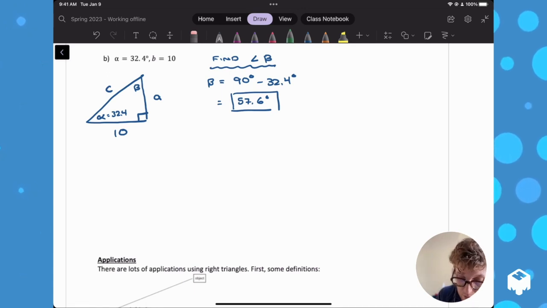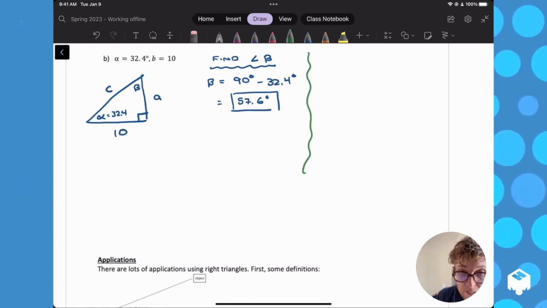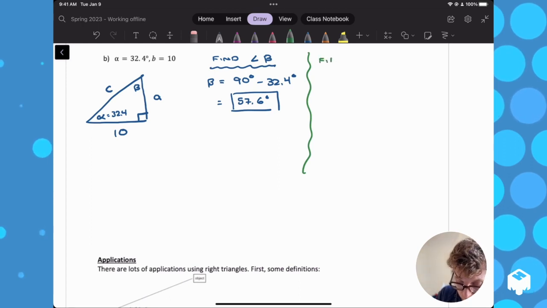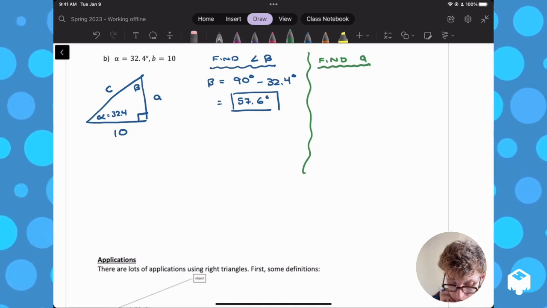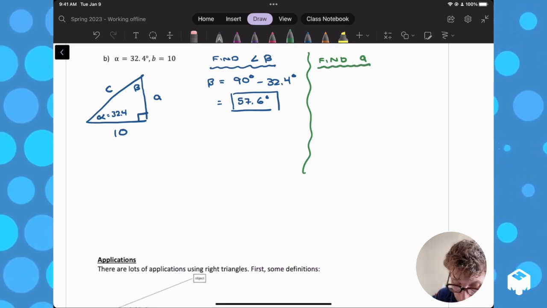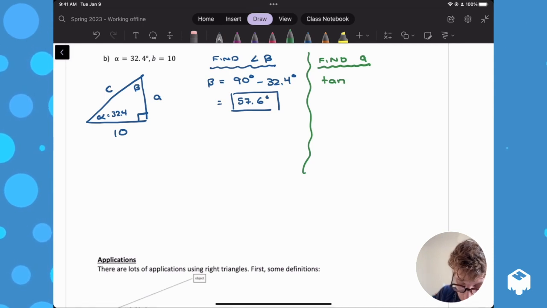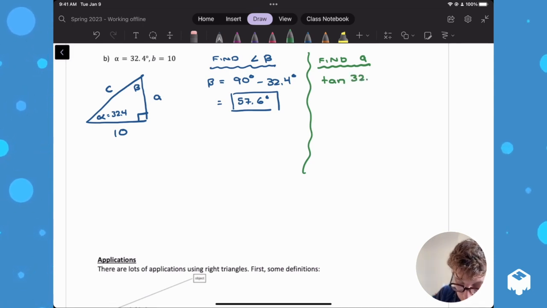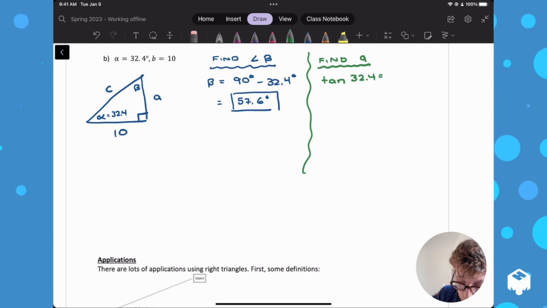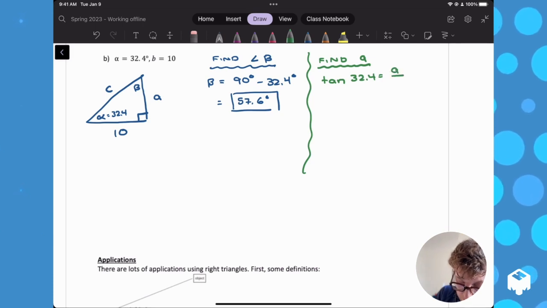Next, let's go ahead and find A. Since I know angle alpha is 32.4 and angle A is opposite of that, I can use tangent of 32.4 equals opposite over adjacent.